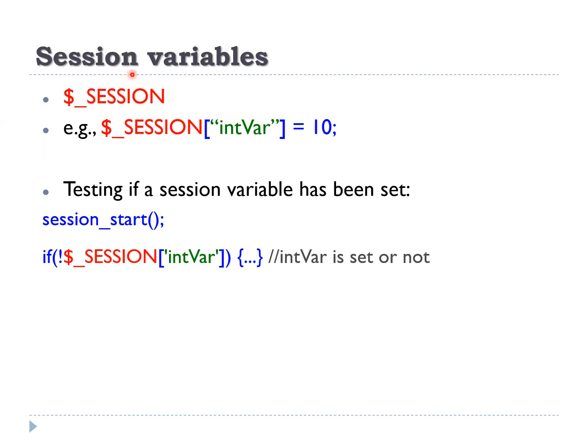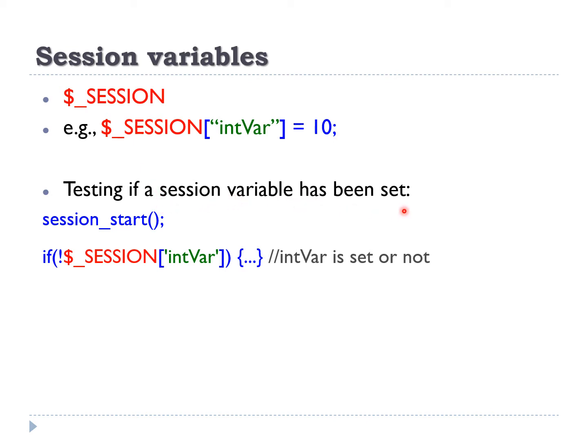Then how do we access the data in session variables? $_SESSION is the variable used for accessing the session data. $_SESSION['int_variable'] is equal to 10. Now, testing if a session variable has been set.